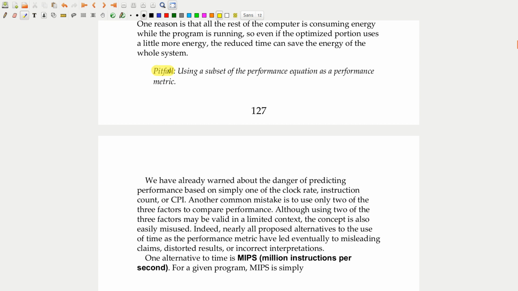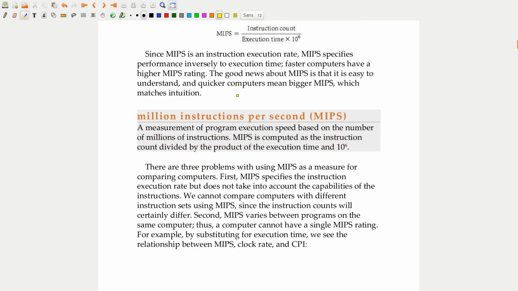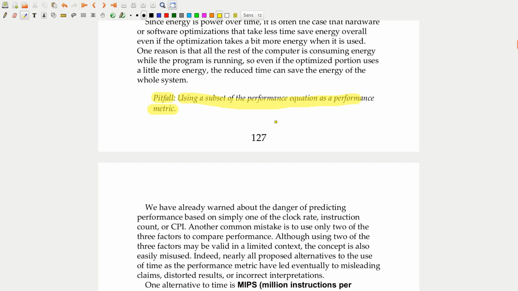So pitfall: using a subset of the performance equation as a performance metric. So, we saw this already earlier, and this is basically that if we only use a subset of the performance equation, we can get a number that makes something look good in a limited context. But we don't want it in a limited context.